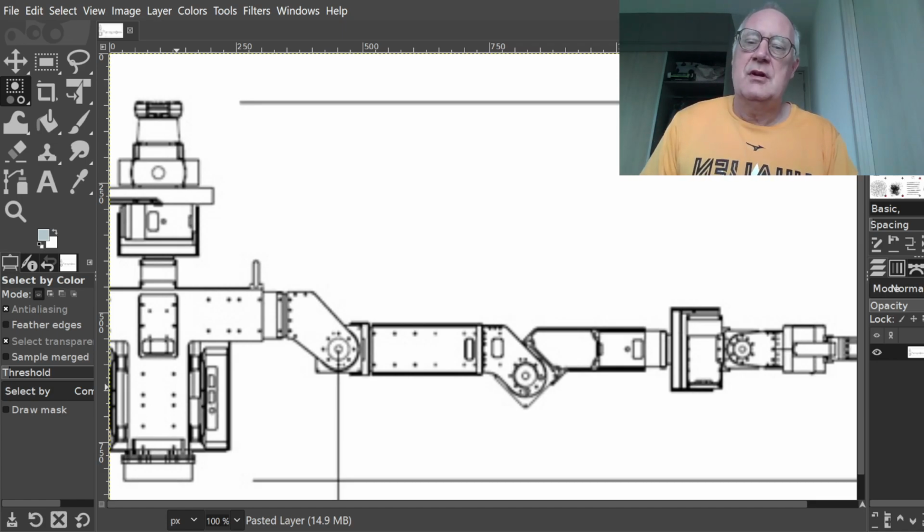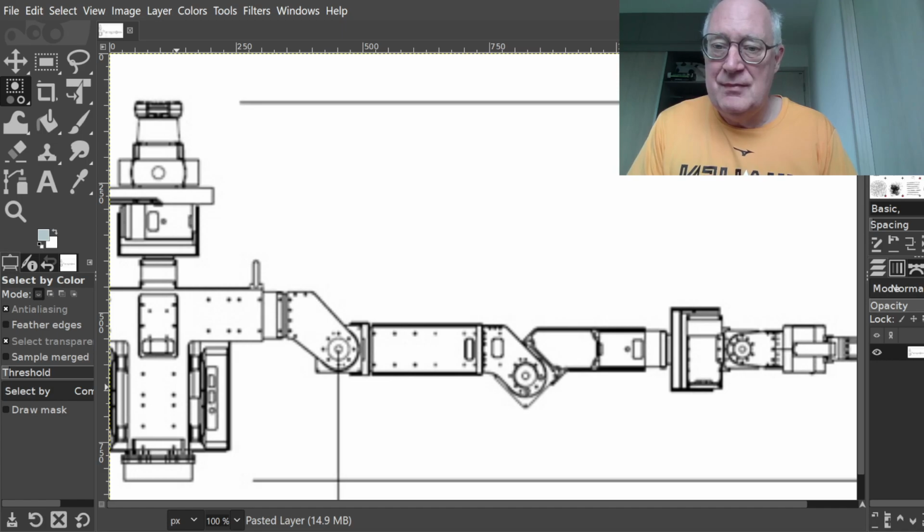And that's just because we don't have the physical robot there or the CAD specifications to measure it ourselves. 0.6. How come?